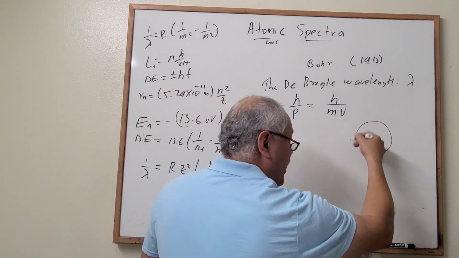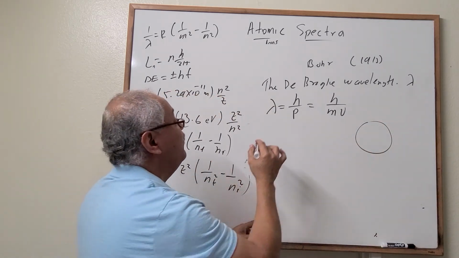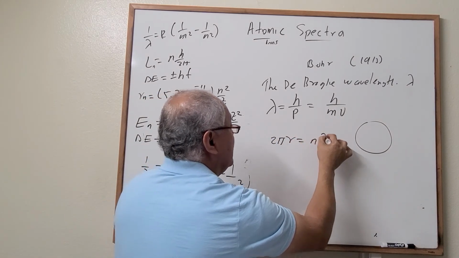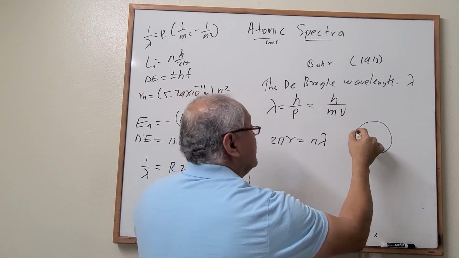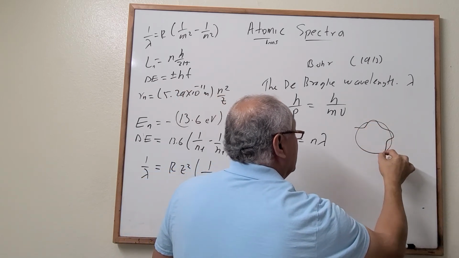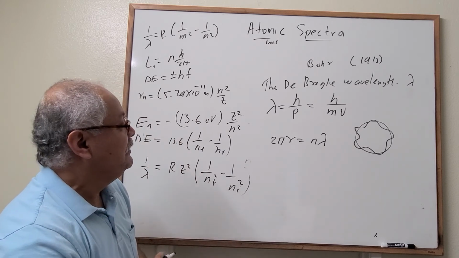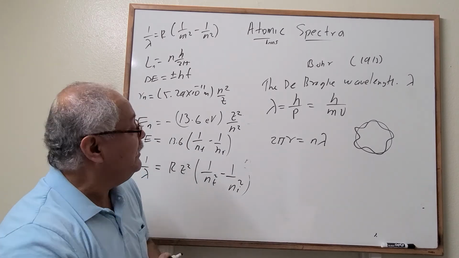But what is the total path? The total path is the circumference. The circumference, 2 pi r, must be equal to a whole number of wavelengths. That's the condition.